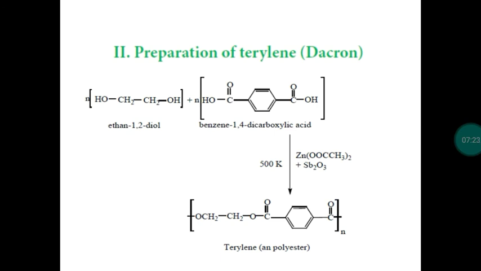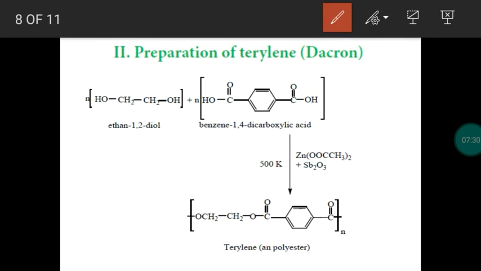Next, this is a public question. How will you prepare Terylene? This is also a condensation polymer. The monomers are ethylene glycol and terephthalic acid.